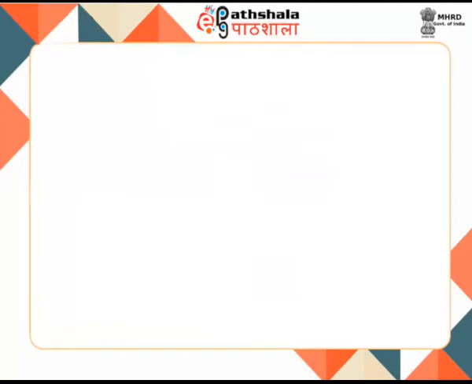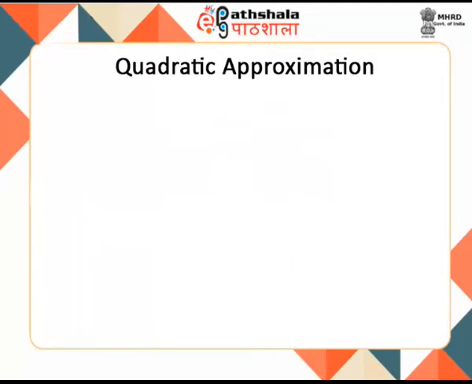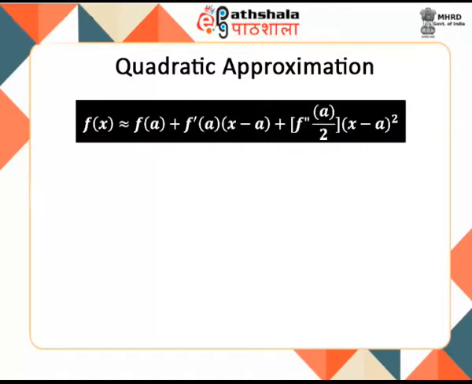The quadratic approximation can thus be written as f of x approximately equal to f of a plus f dash a into (x minus a) plus f double dash a by 2 into (x minus a) whole square.